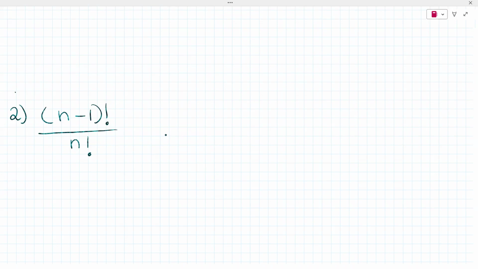But did you know that n factorial is the same thing as n times n minus 1 times n minus 2, and then dot, dot, dot, right?